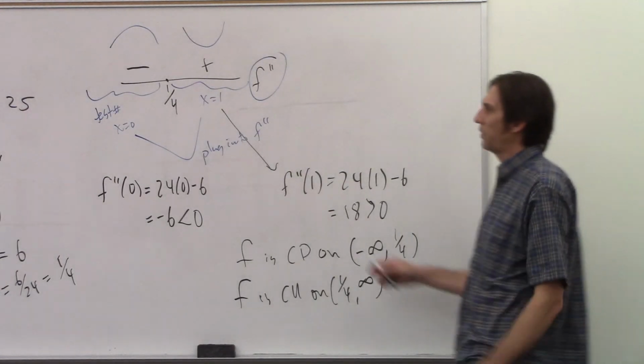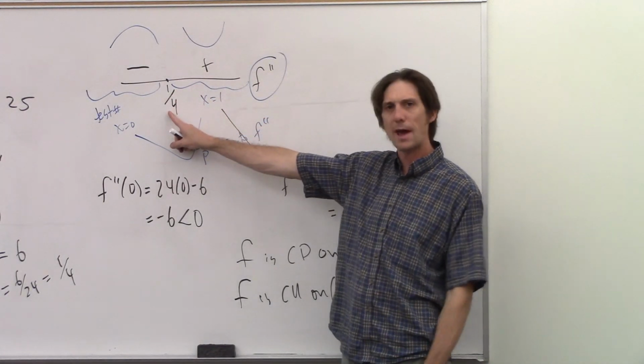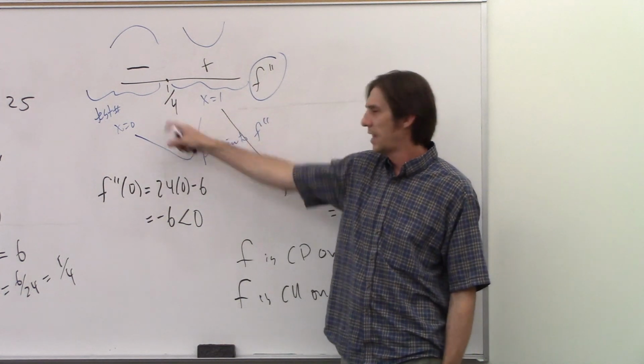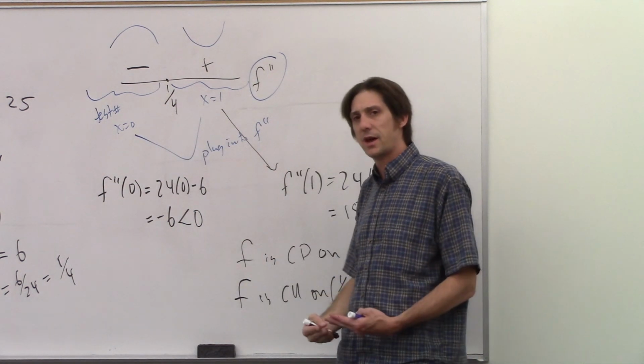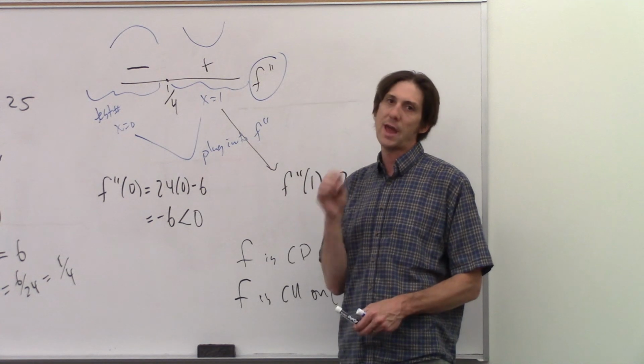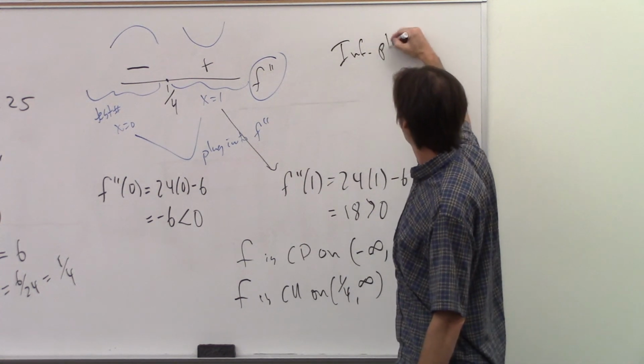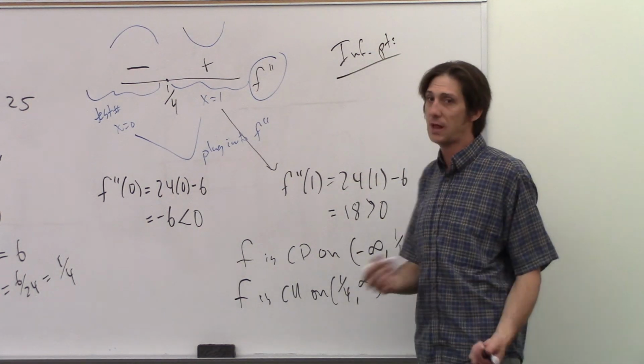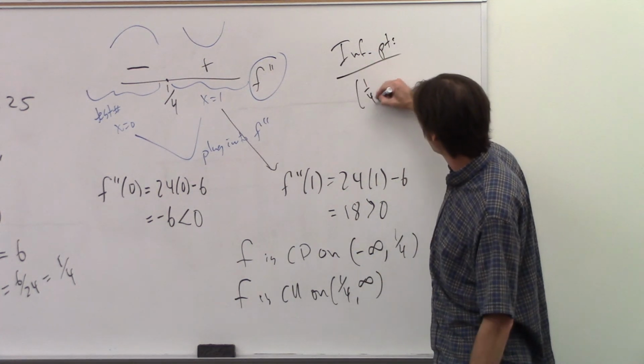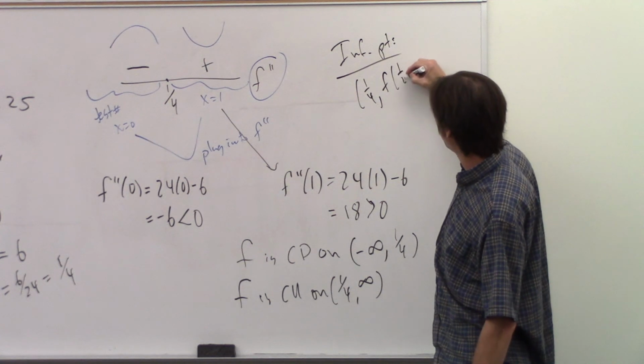At a point where the concavity changes, at 1/4 in other words, as long as the function is continuous there, you have what's called an inflection point. The coordinates of the inflection point are 1/4 and then f of 1/4.